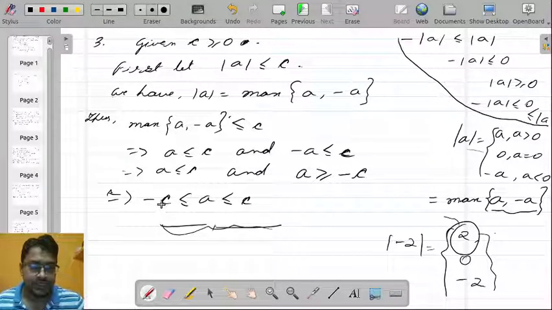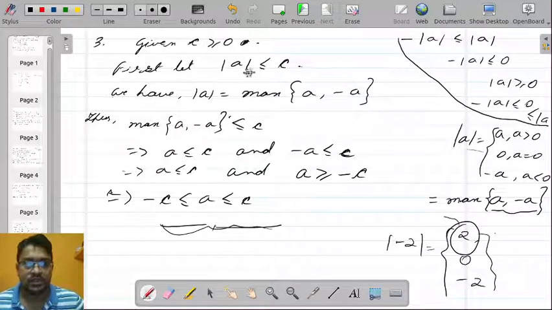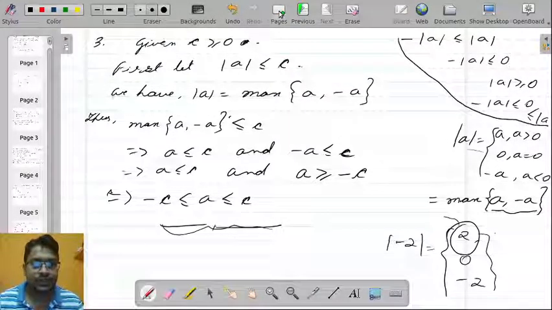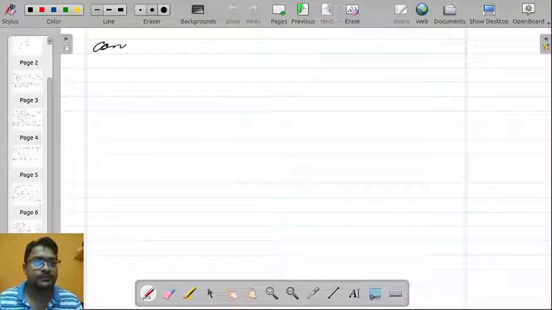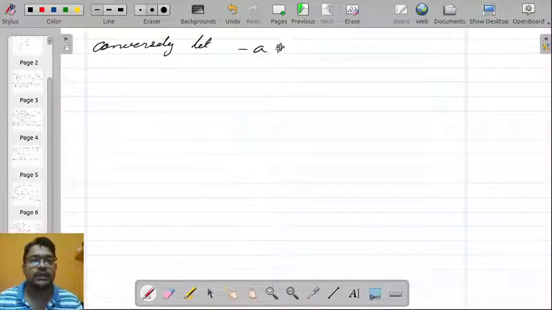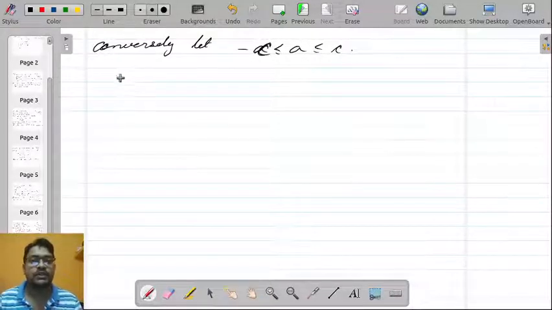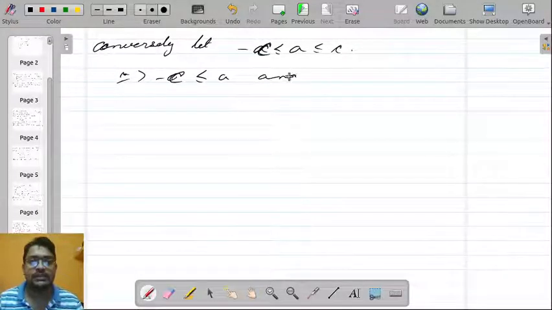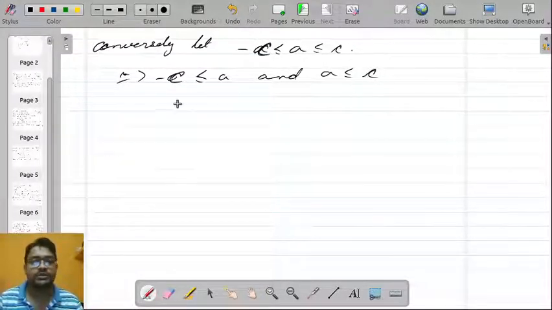Conversely, if minus C less than or equal to A less than or equal to C, then modulus of A is actually less than or equal to C. So let us see. Conversely, let minus C less than or equal to A less than or equal to C. So this implies minus C is less than or equal to A, and A is less than or equal to C. If I multiply with minus 1 here, it's just getting reversed.